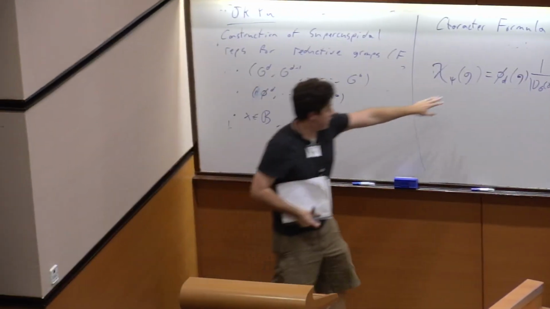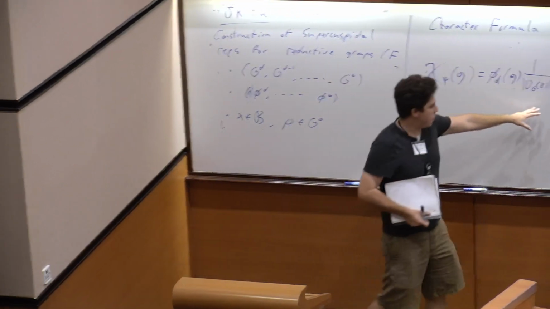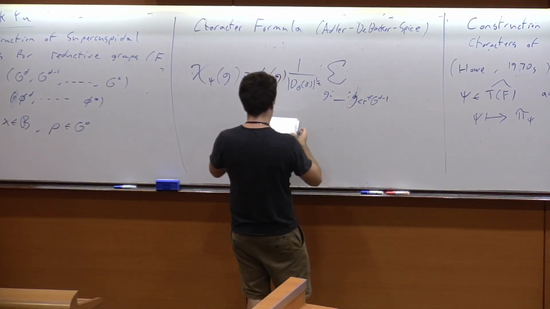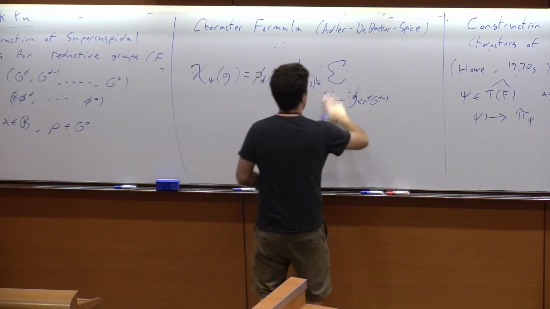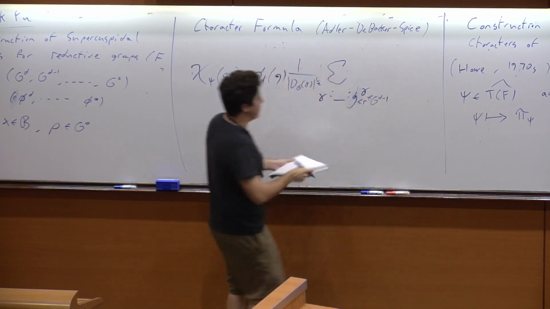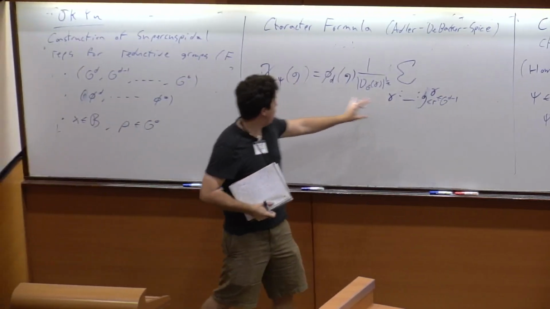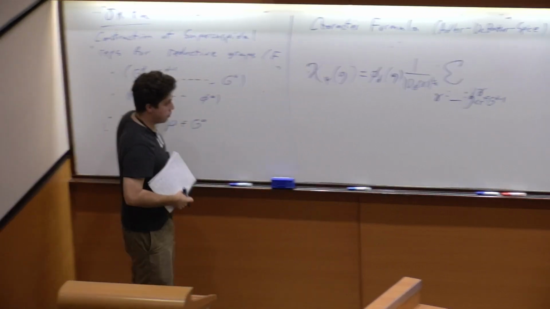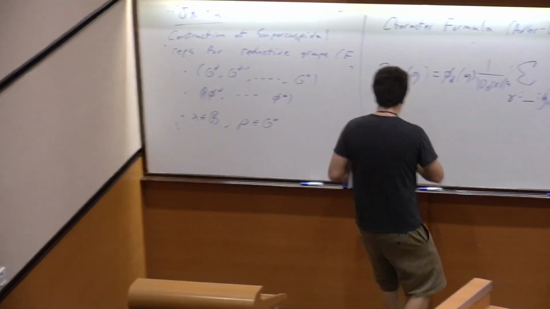So you start with an element g, and you sum over a set of elements such that if you conjugate part of this element g, you get down not into the full group, but into one group down.